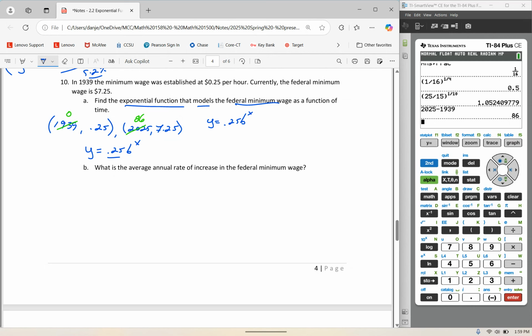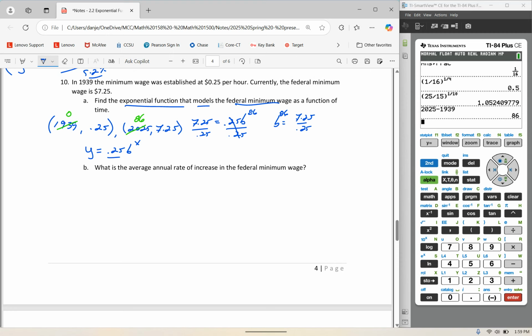Now if I use the other point where y is 7.25 and x is 86, I'm going to divide both sides by the 0.25. B to the 86 is 7.25 over 0.25. I could divide that and get 29, or I could just leave it.